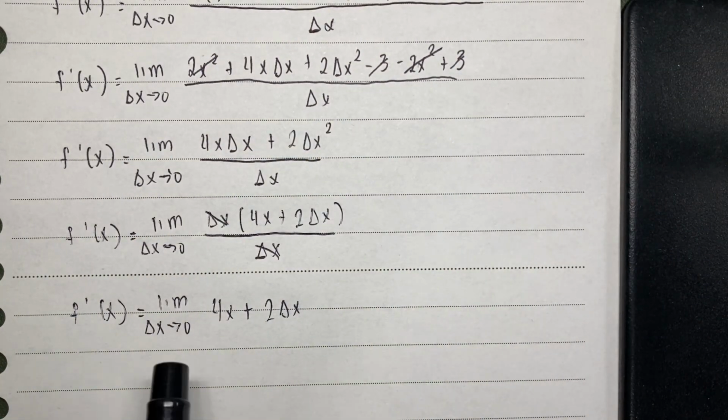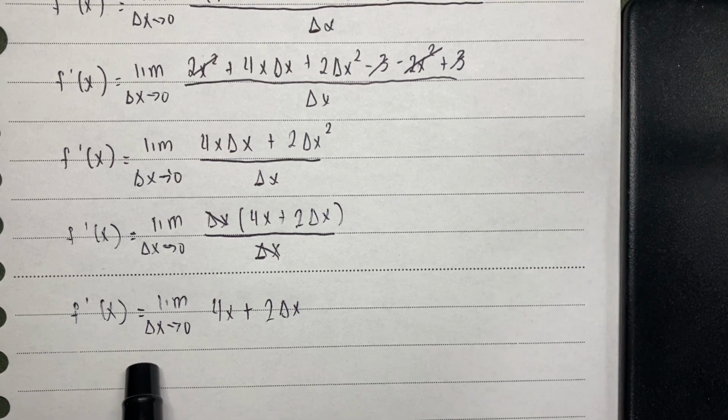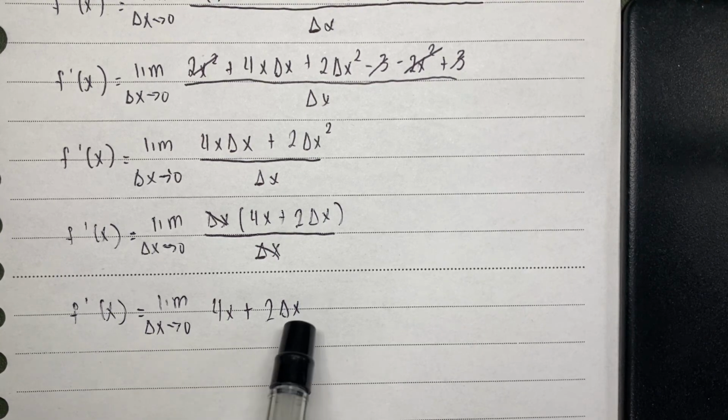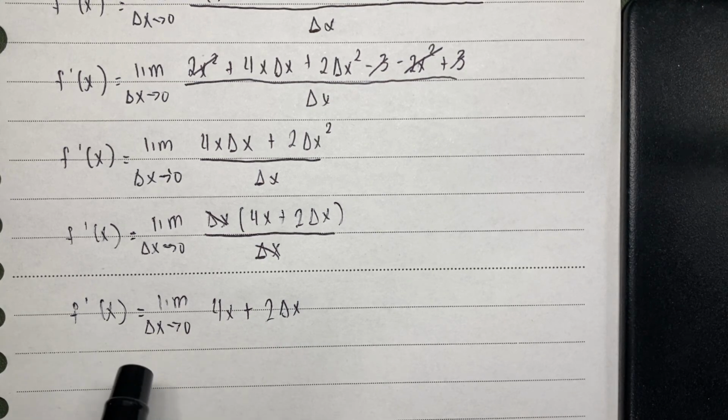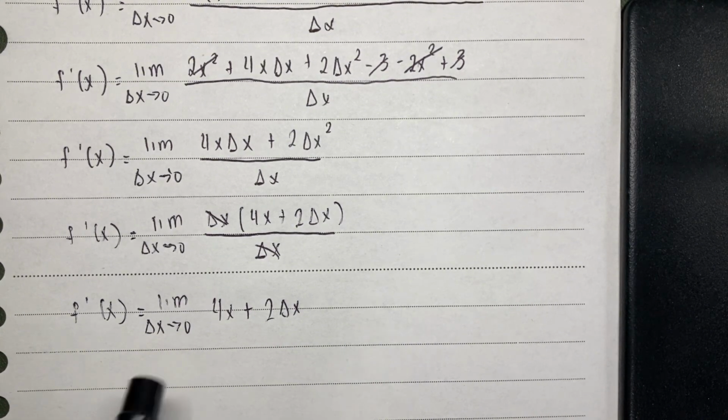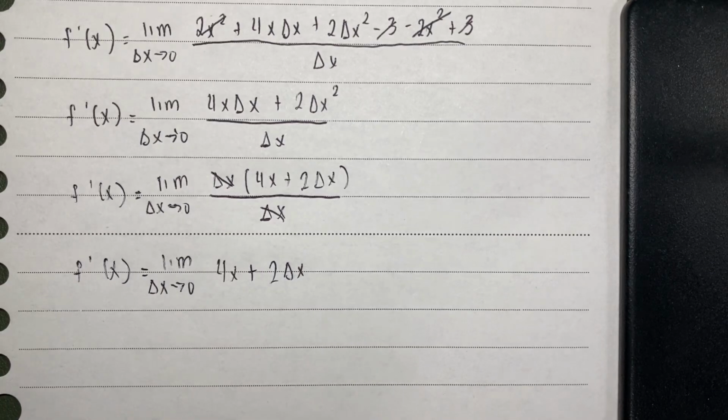Now we're going to set delta x as 0, as pertained in the limits.